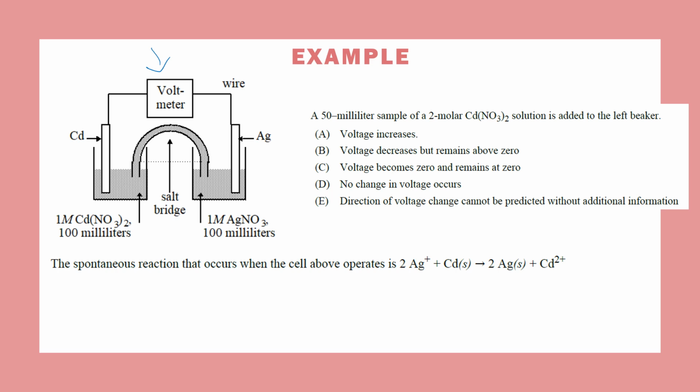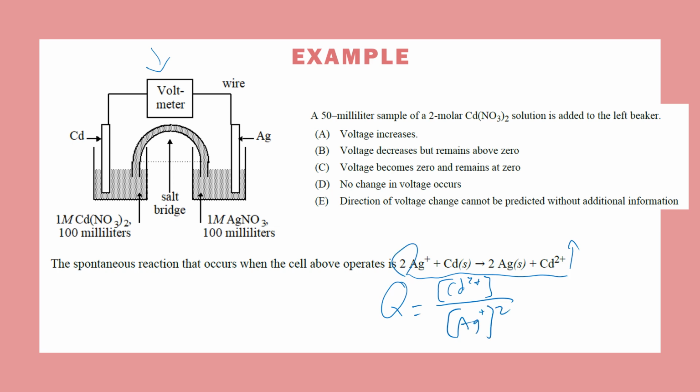We are increasing the cadmium nitrate instead of being 1 molar. The spontaneous reaction that occurs is here, and I'm increasing the cadmium, so for Q, Q is the cadmium on the top, the silver ions on the bottom, squared because of the 2.